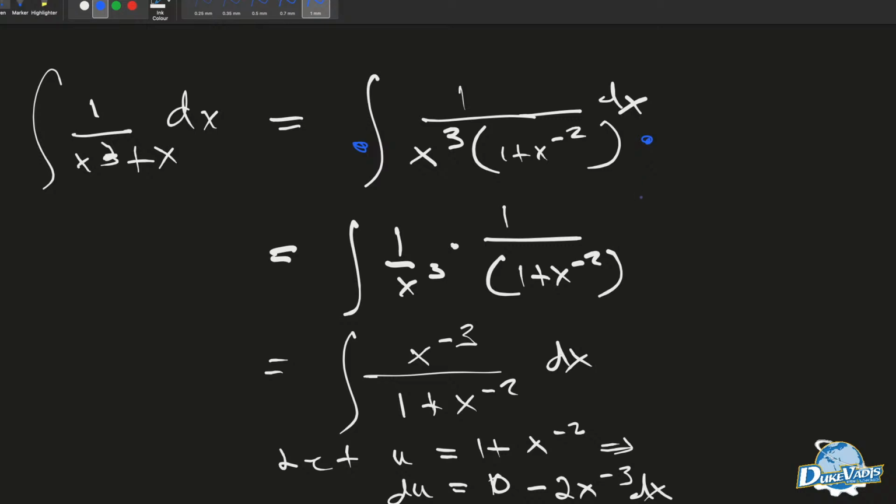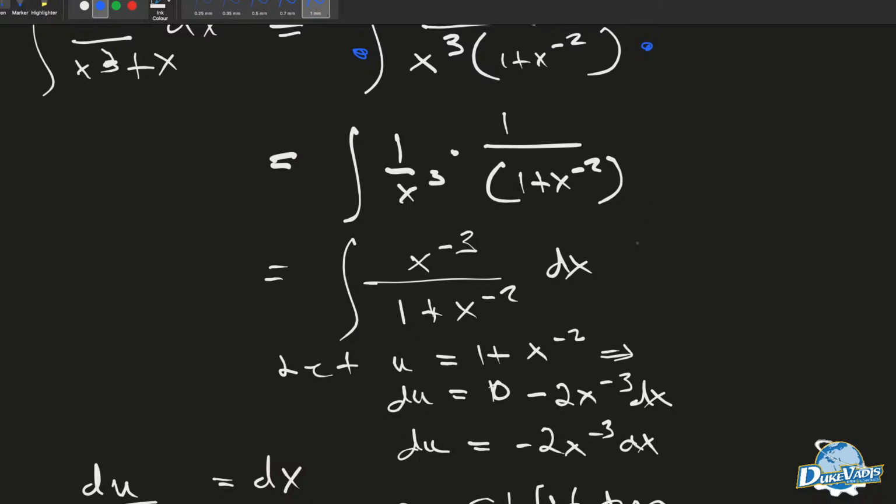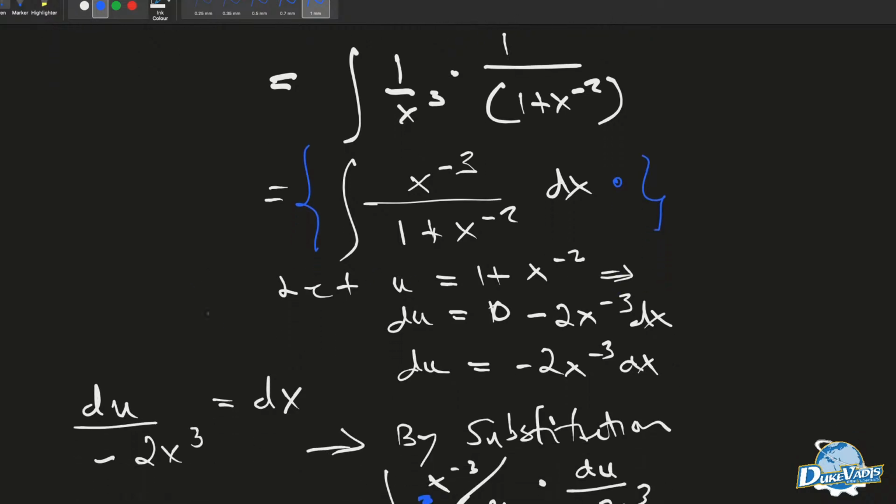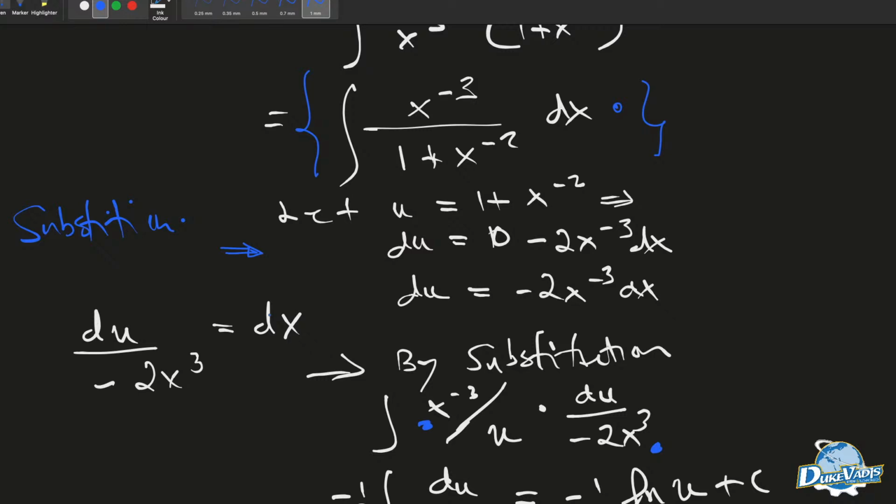So when we simplify, we'll end up writing this equation as x raised to the power negative 3 over 1 plus x raised to the power negative 2. So we'll do substitution over here. We say let u be equal to 1 plus x raised to the power negative 2.